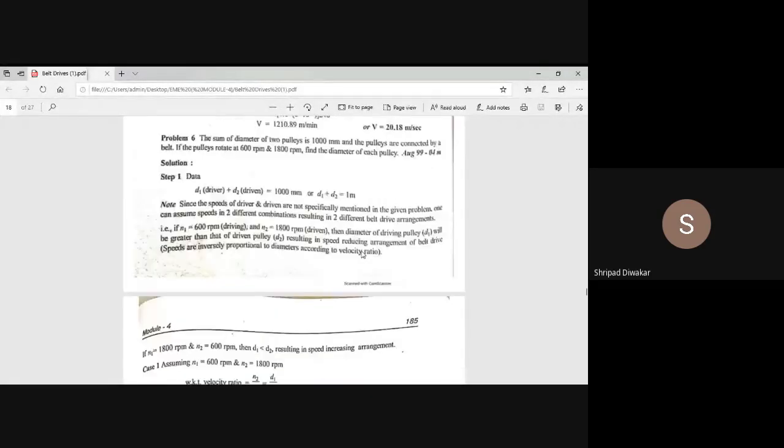We derived how to find out the length of the belt drive, so I'll take one problem. Here is the problem.